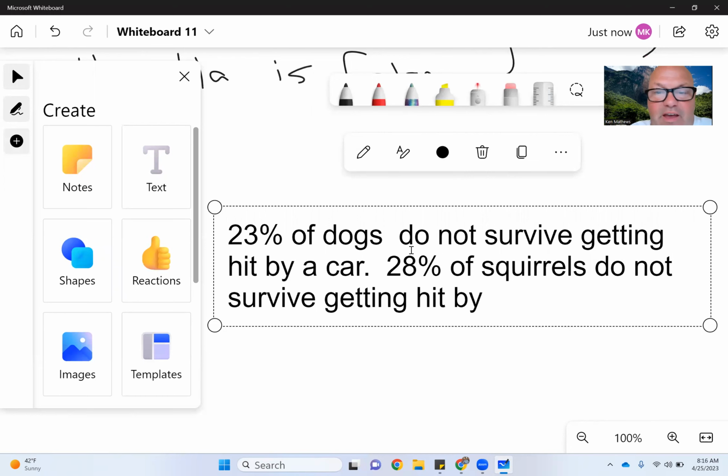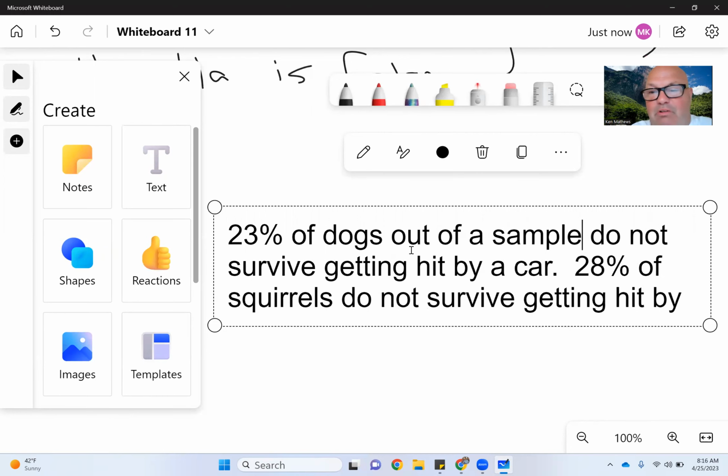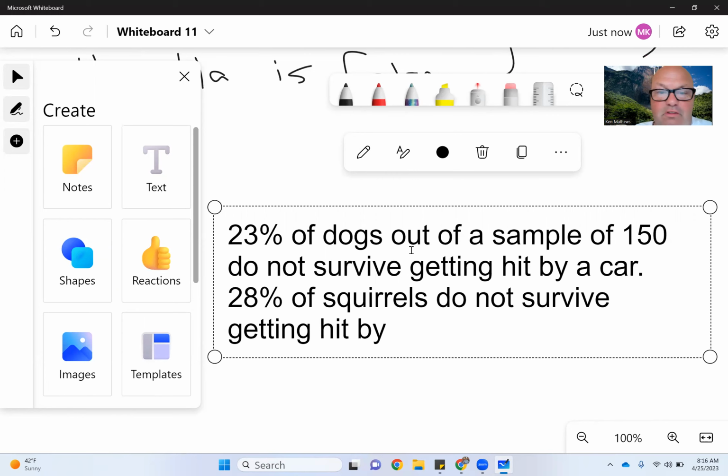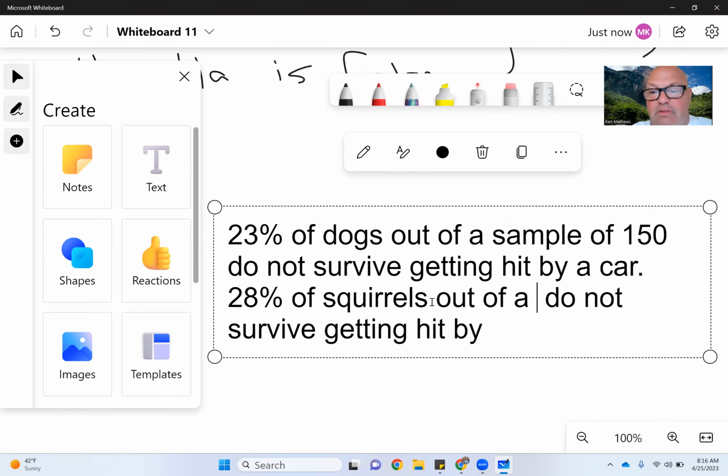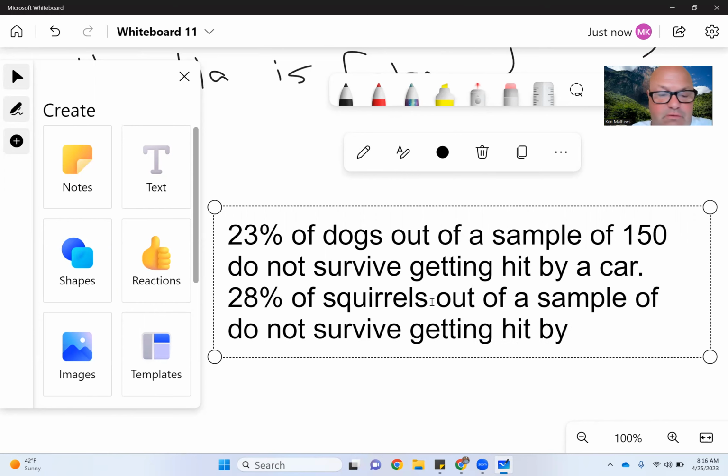We've got a sample of 150 dogs, and out of a sample of 81 squirrels, 28% do not survive getting hit by a car.